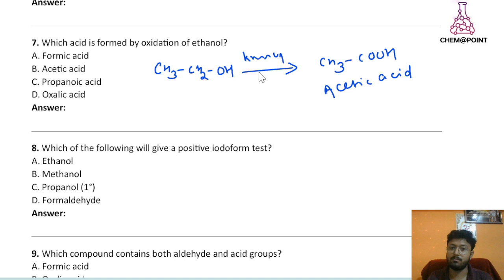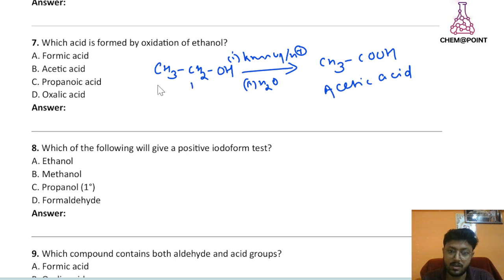Student, keep in mind, by using oxidizing agent or reducing agent, carbon number does not increase or decrease.